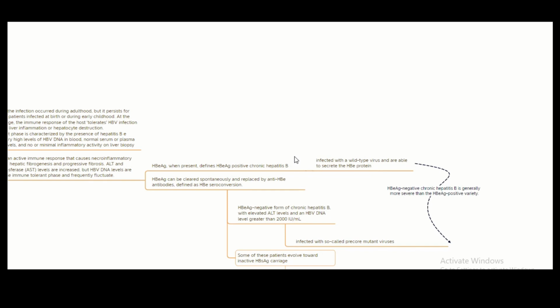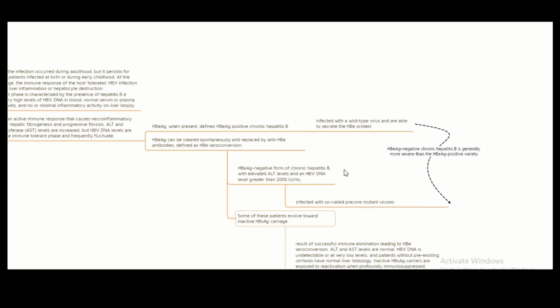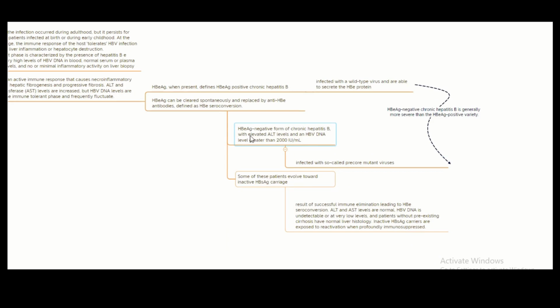At the end of this successful immune elimination, we will have normal AST and ALT, normal HBV DNA, or undetectable. The normal is very low level, but the ideal is undetectable. Patients without cirrhosis will have normal liver histology, which on modern types of tests will give us only non-progressive liver fibrosis.